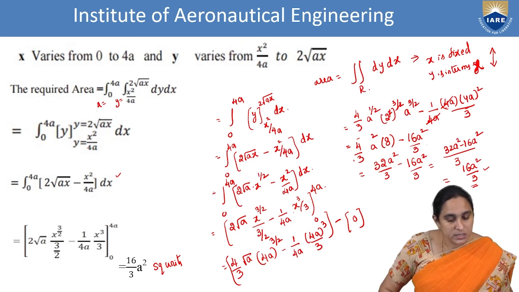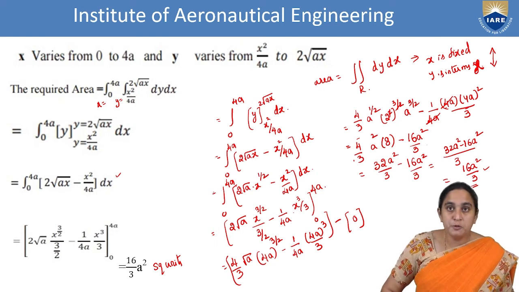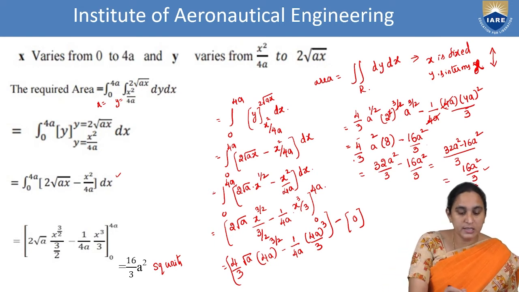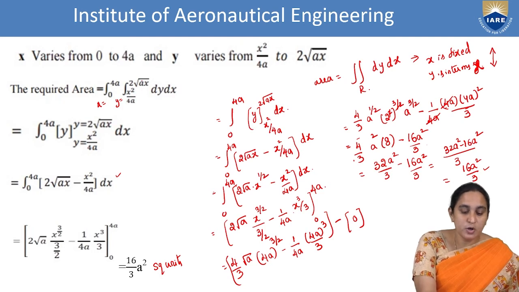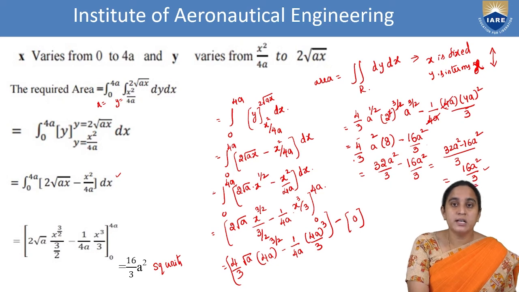Next, the third question. Before going to the third question, if you are taking the limit points y as 2 root ax to x square by 4a, for that case we got the negative value.